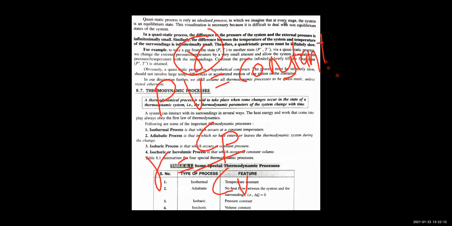Okay, children. Now let's talk about the third process. The third process is the isobaric. Now you know, children, bar. Bar is the unit to measure pressure. So here, children, the pressure will remain constant.